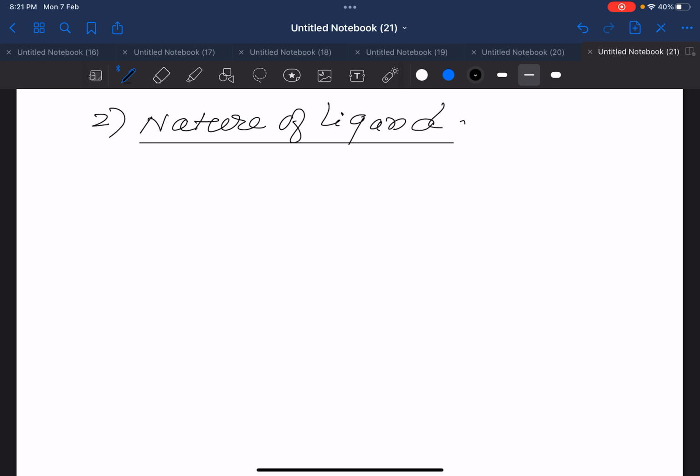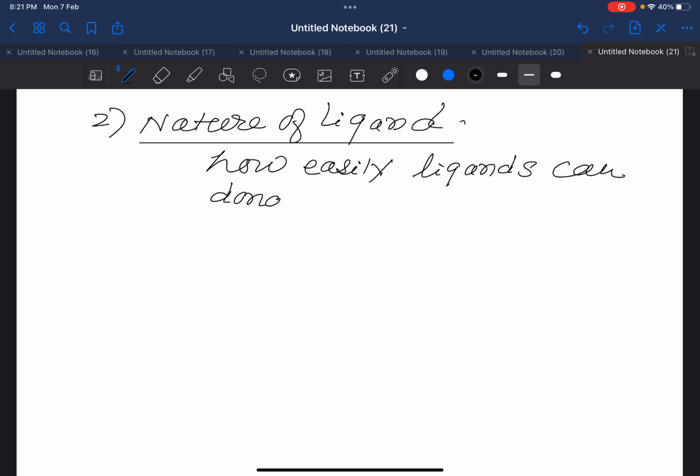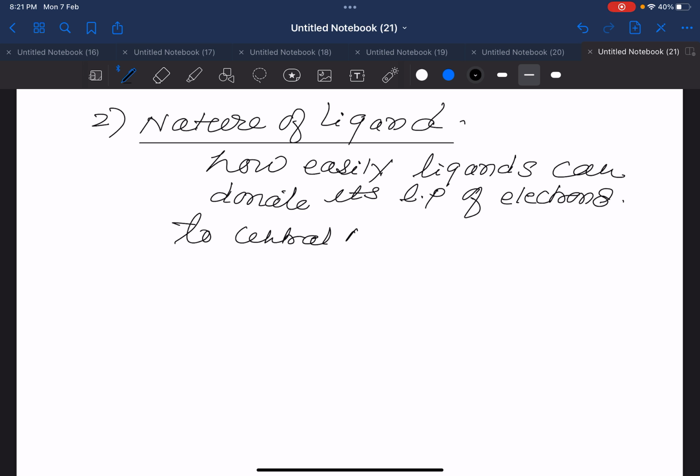Second factor that governs stability of complex is related to how easily ligands can donate its lone pair of electrons to central metal ion. That is basicity of the ligand.